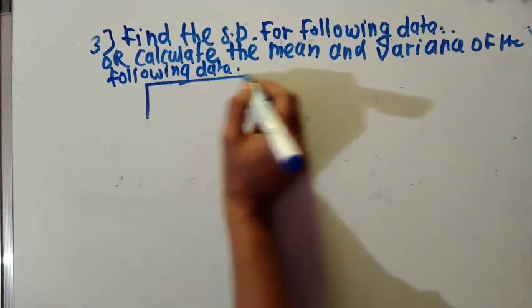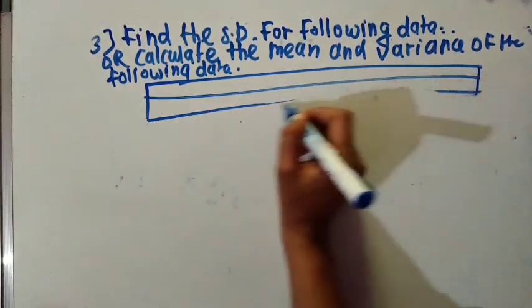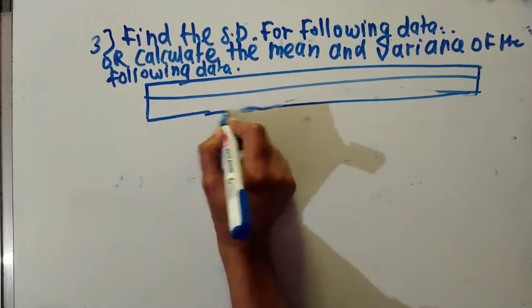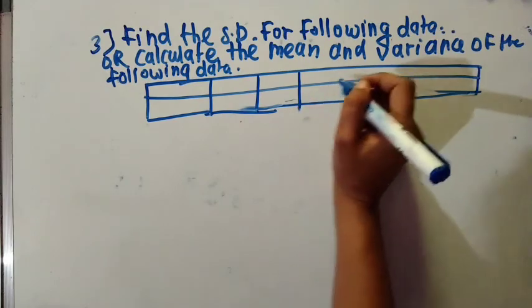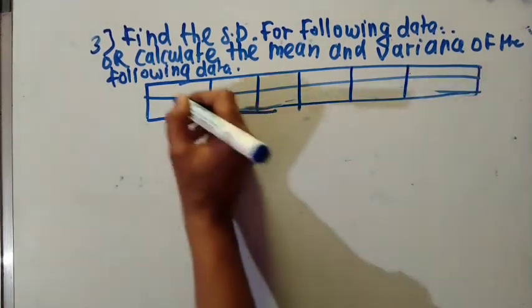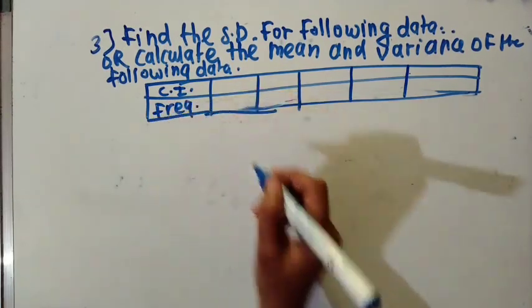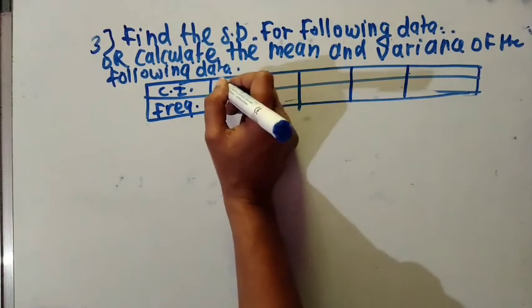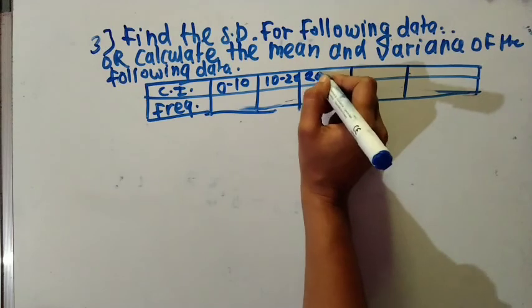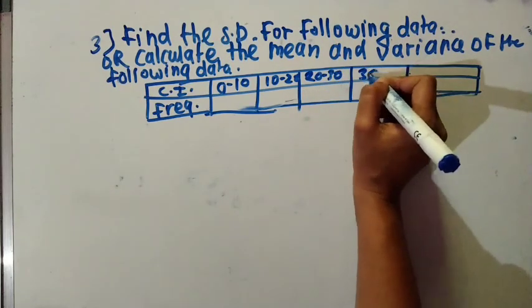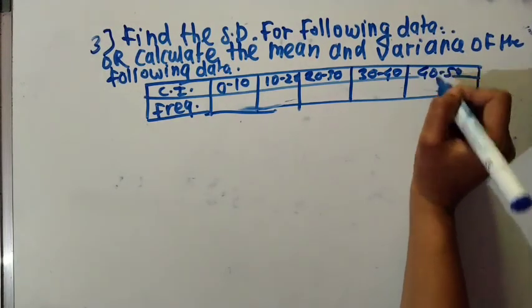So first, draw this class interval and frequency table. Class intervals are 0 to 10, 10 to 20, 20 to 30, 30 to 40, then 40 to 50.